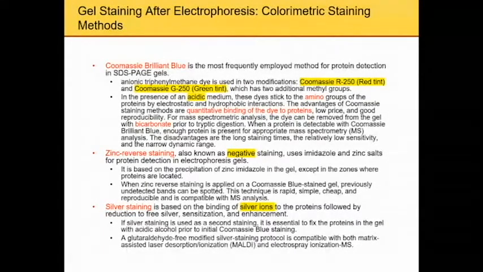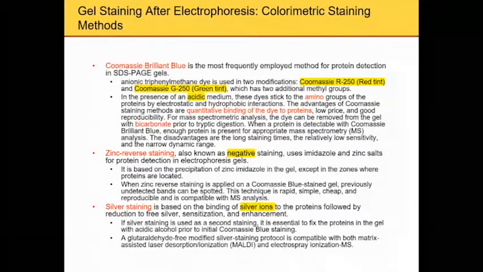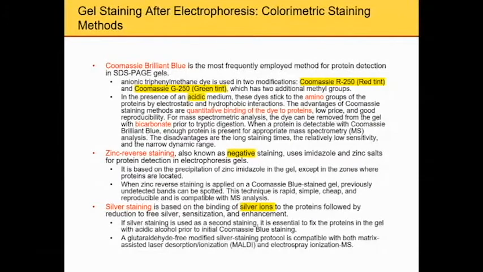The zinc reverse staining can be applied on a Coomassie blue stained gel, and then those undetected bands will appear in the zinc reverse staining. And silver staining is a very expensive staining because you have to use silver to stain the gel, but it's very sensitive.